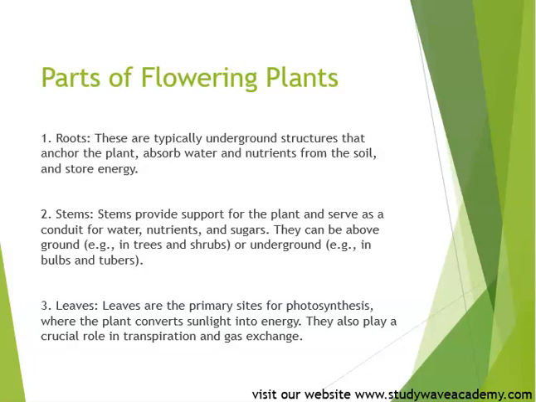So the leaves are where photosynthesis takes place, allowing the plant to make its own food using sunlight and water. So the parts of flowering plants we have are roots, stems, leaves.